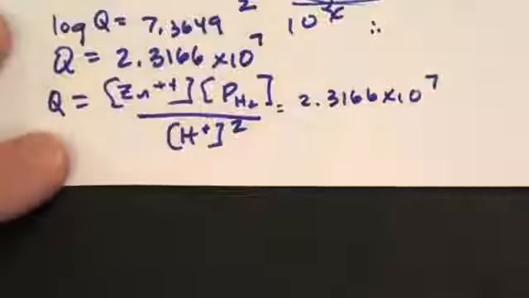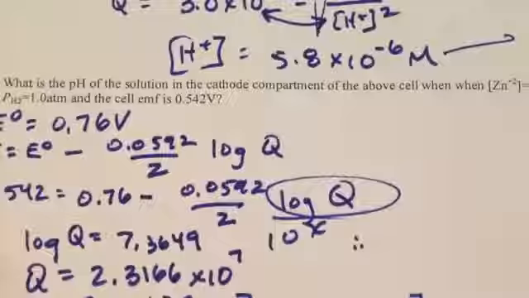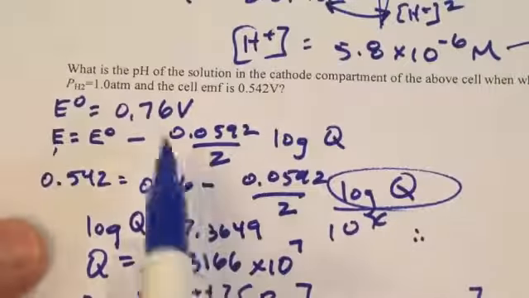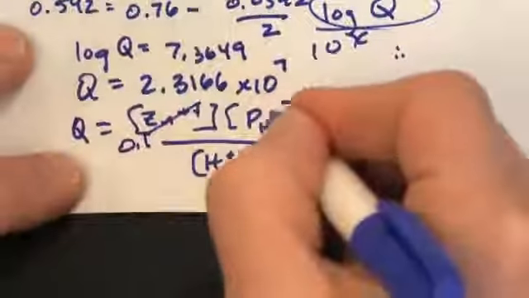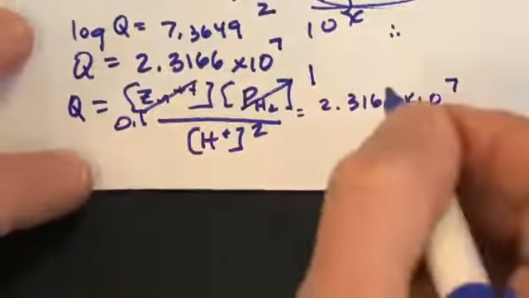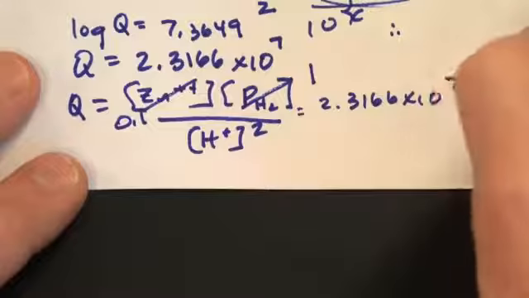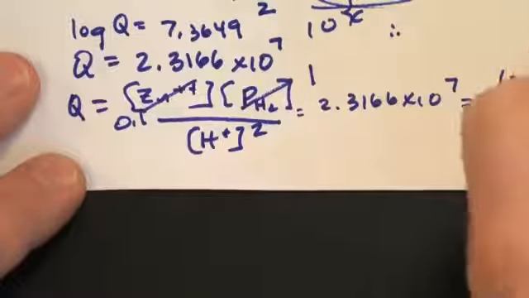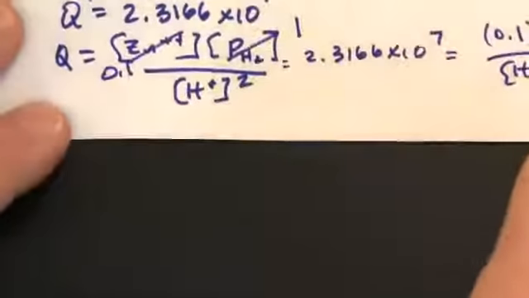And we're told up above in the question that zinc plus 2 is equal to 0.1 and pressure of hydrogen is 1 atmosphere. So this is 0.1 and this is 1, and this of course is H plus squared.